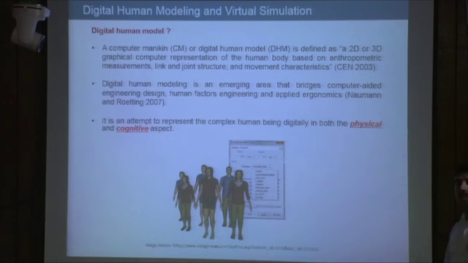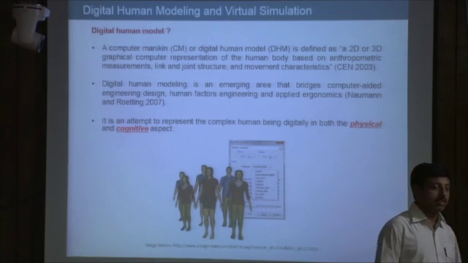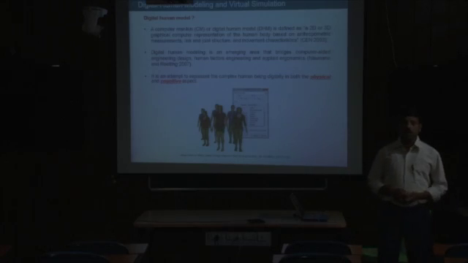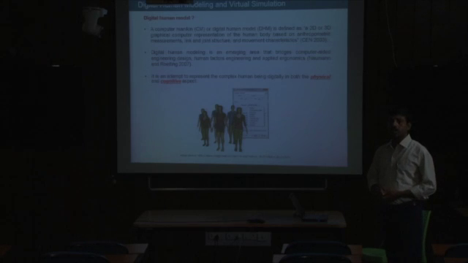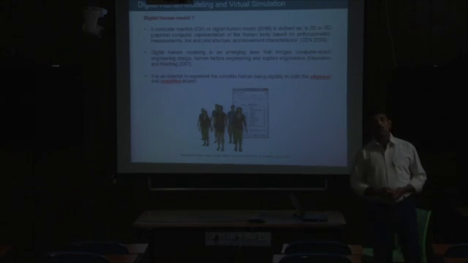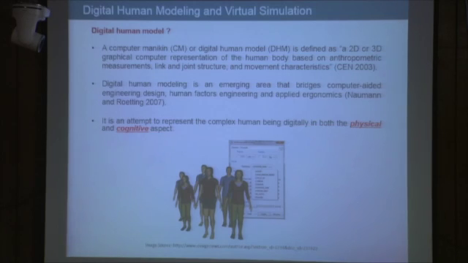In other words, digital human models are 2-dimensional or 3-dimensional representations of human body based on anthropometric and biomechanical data, and those models are used for virtual ergonomic evaluation of product and workstations.